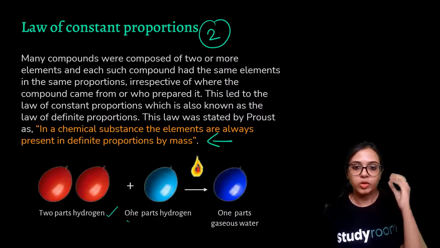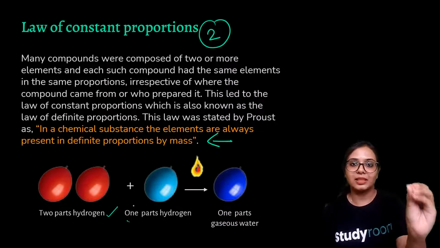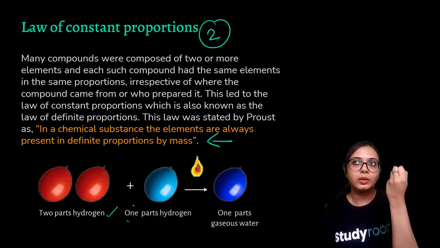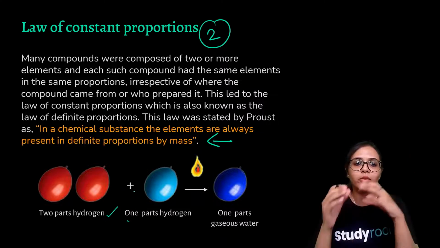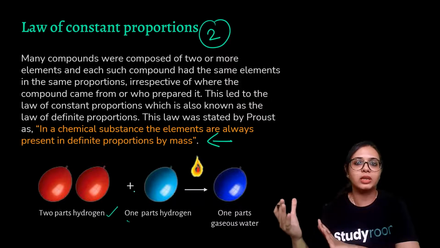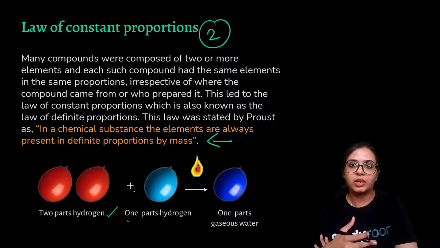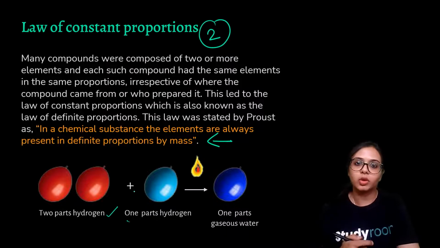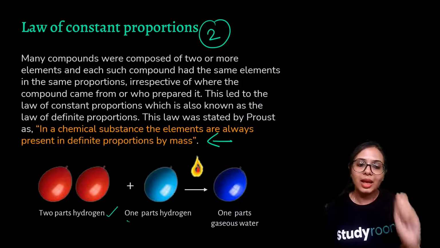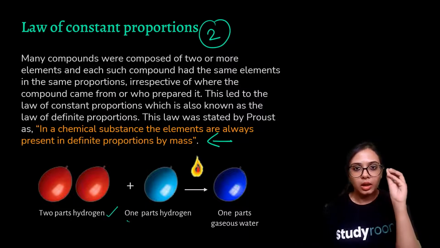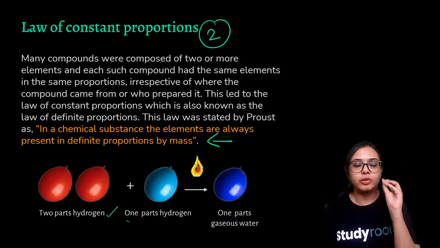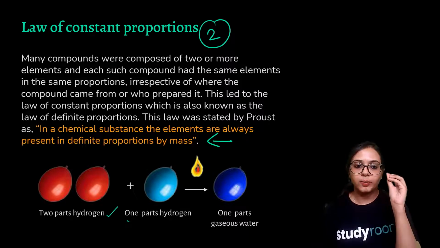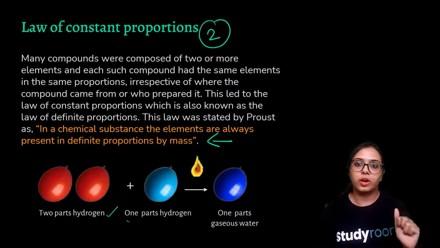What this law is stating is that, whatever form of water we take, whether in the liquid state, in the state of ice, that is the solid state, or in the gaseous state, as in water vapor, in that chemical substance all the atoms and all the molecules of water have two parts of hydrogen and one part of oxygen.